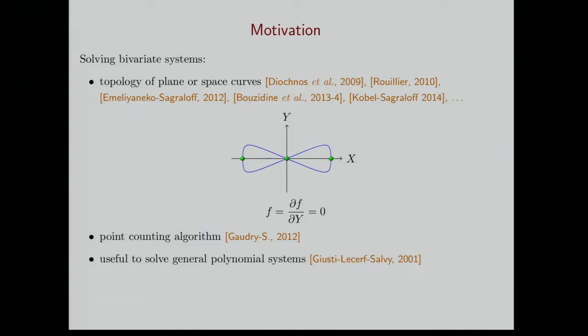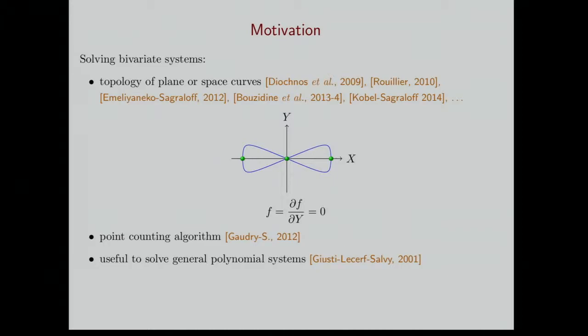Concretely, what this boils down to in part is, first of all, solving some equations that will give you the points of interest. So they are these guys in green over there. And in that case, if my plane curve is given by f equals 0, these points would be the real solutions of f equals 0 and the partial derivative with respect to y equals 0. And once you have them, you have more work to do, but that's part of the work. And as you can see, there are tons of references here, and it's not exhaustive. That's a very popular subject of research.